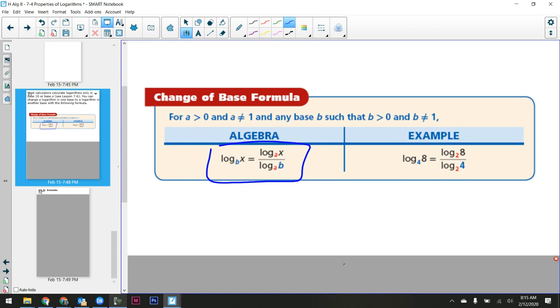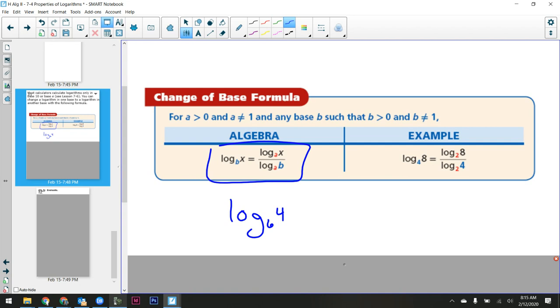This is really cool. If you've got log base b of x, say log base 6 of 4. 6 to the what power is 4? I don't know, some decimal, something less than 1, right? I can change that base into whatever I want.